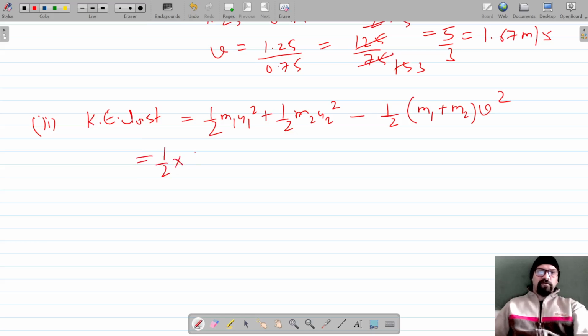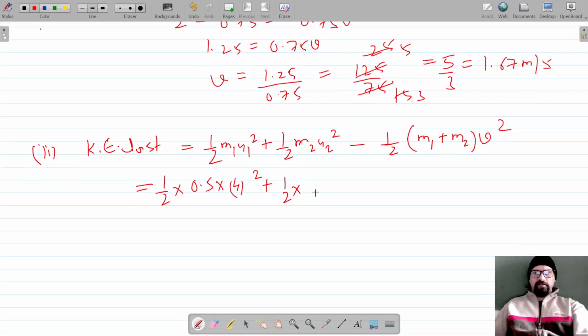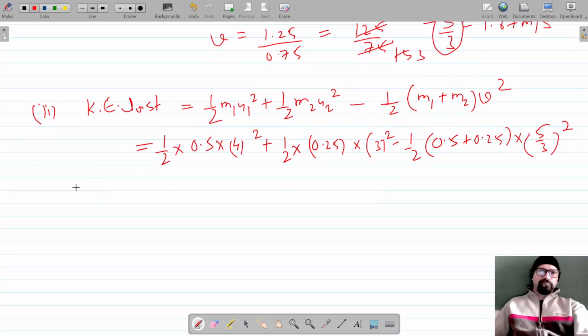So half into 0.5 into 4 square plus half into mass m2, which is 0.25, and velocity is 3 square, minus half into 0.5 plus 0.25 into v, and v is 5 by 3, so we are going to take the fraction, 5 by 3 square.